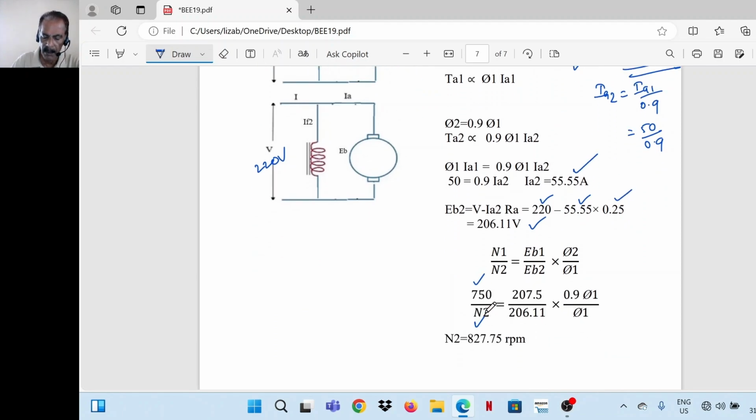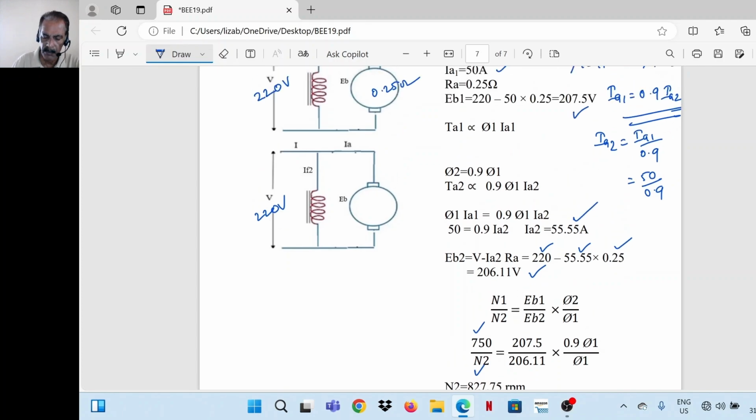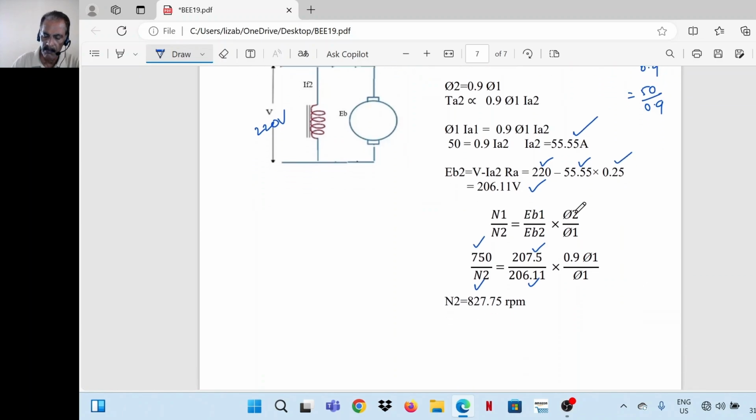N2 we have to find out. EB1 and EB2 both we calculated. EB1 207.5, EB2 is 206.11 into phi2 is 0.9 phi1. It is given. So phi1 cancels off. N2 we can get as 827.75 rpm.